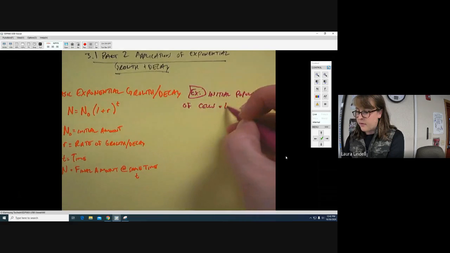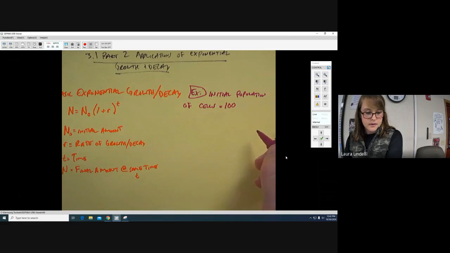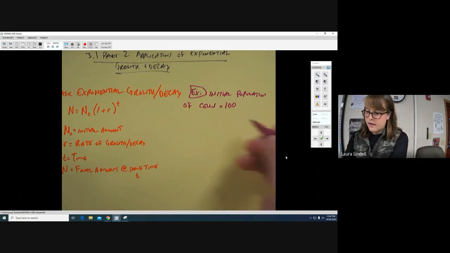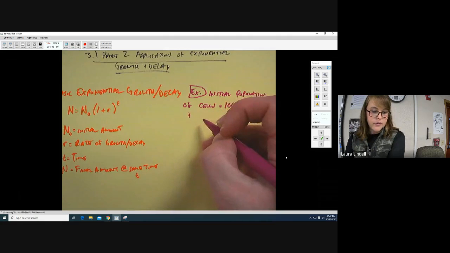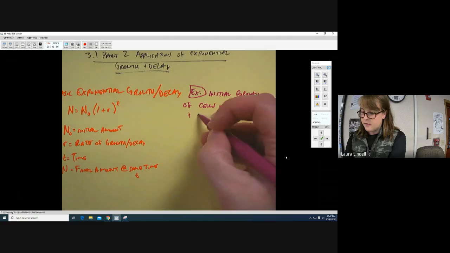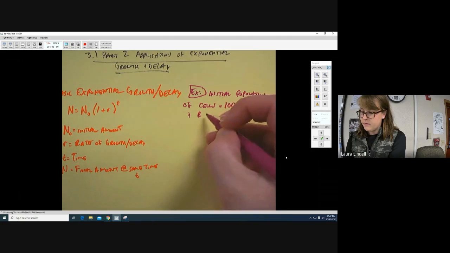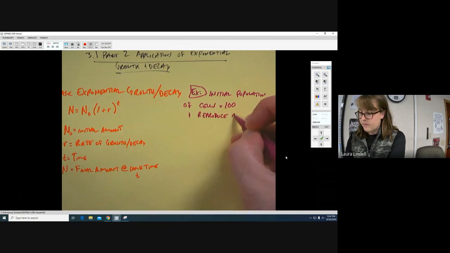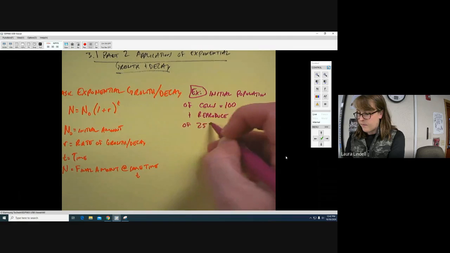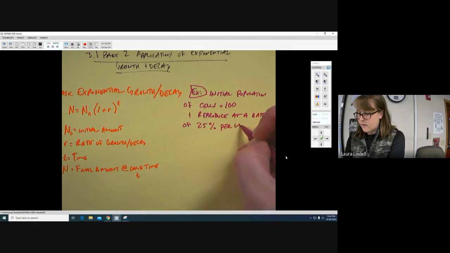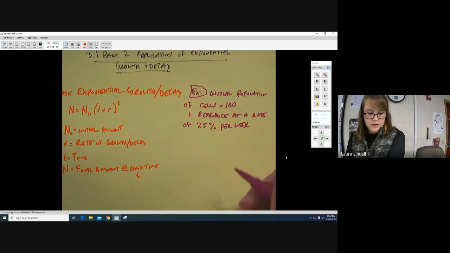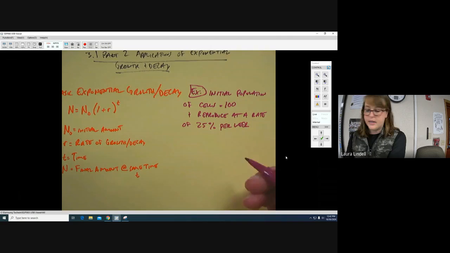And we're going to say that initial population is 100 cells, and they reproduce at a rate of 25% per week. So we want to find the amount after 6 weeks.